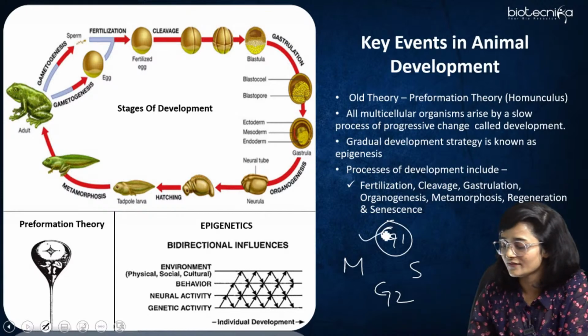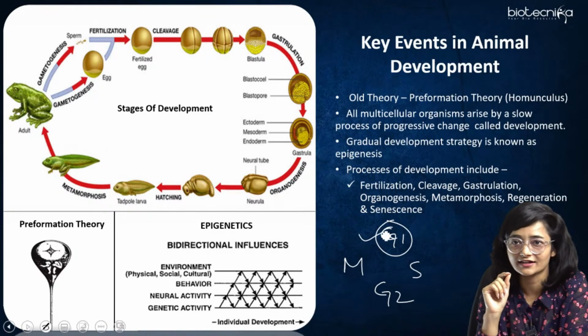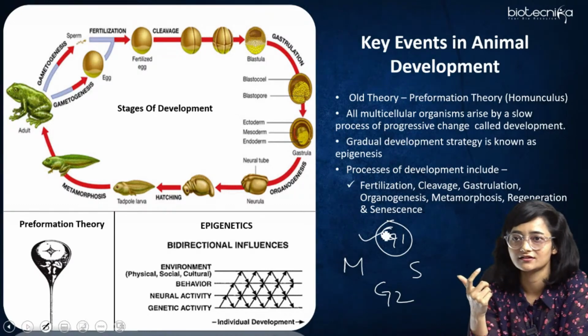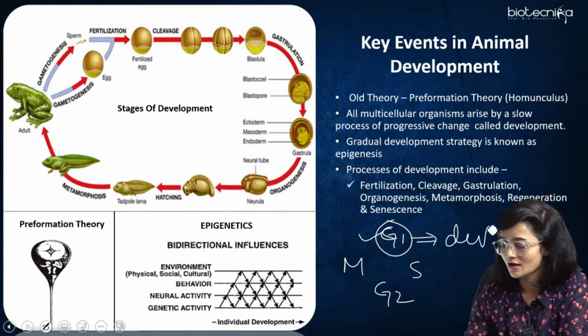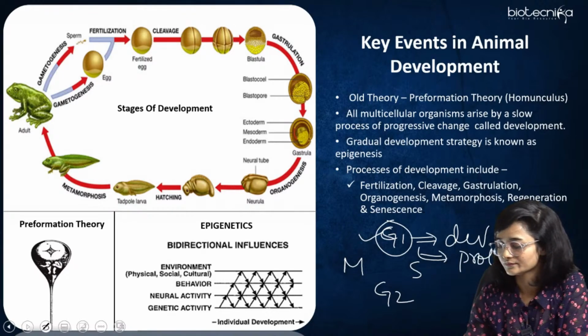So at G1 phase, the cell is active. But the number of cells doesn't increase. The cell is still in the developmental stage. The cell is developing, but there is no proliferation taking place, right? Proliferation is not taking place.